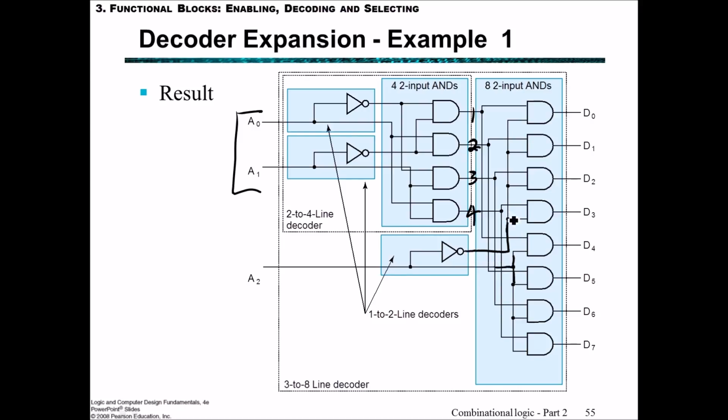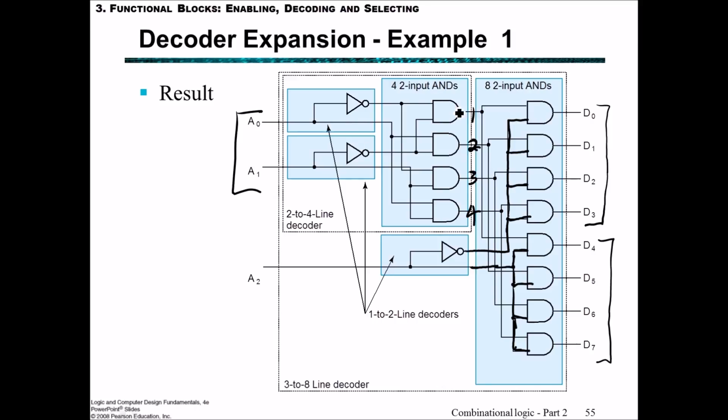So this wire here goes up like that and then connects all the way along here, whilst this wire, which is actually connected directly to A2, connects to these AND gates down the bottom, where the value of A2 by itself would be reflected as enabling the outputs D4 through to D7, since A2 is directly connected to these 4 AND gates, and then not A2 enabling D0 through to D3, since not A2 is directly connected to these top 4 AND gates.